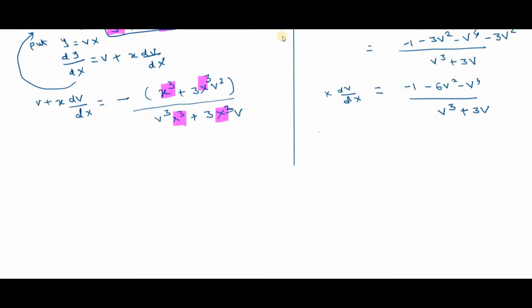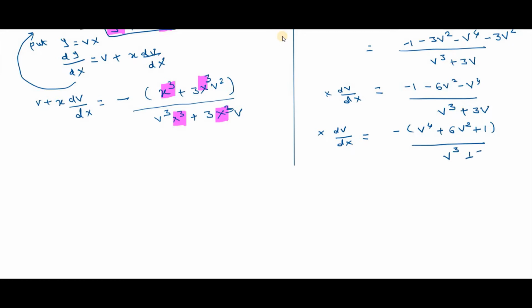Then x into dv divided by dx is equal to, if we take minus common, we are left with v raised to 4 plus 6v square plus 1 divided by v cube plus 3v.